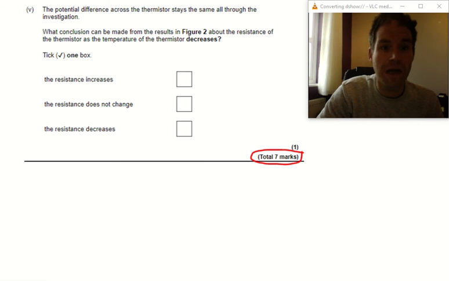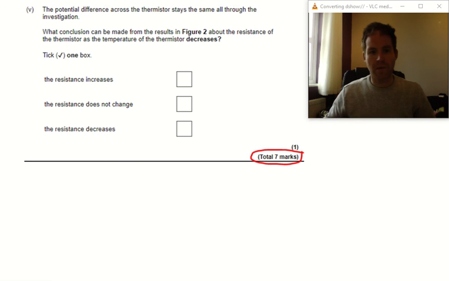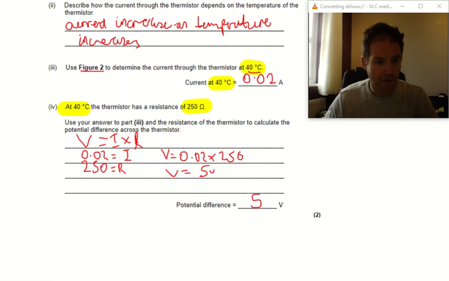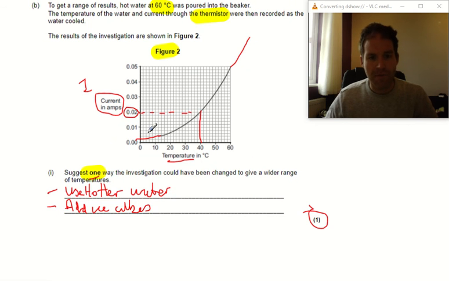What conclusion can be made from the results in figure 2 about the resistance of the thermistor as the temperature of the thermistor decreases? If we go back to what we mentioned a minute ago, we said that the resistance clearly is changing.